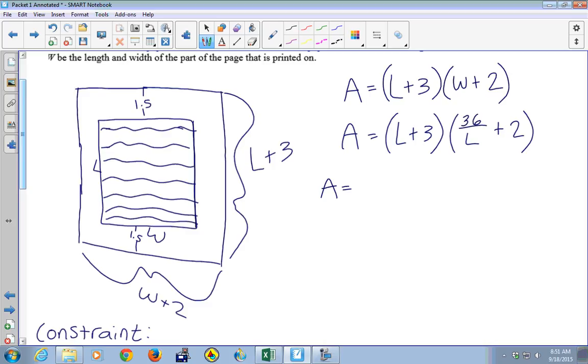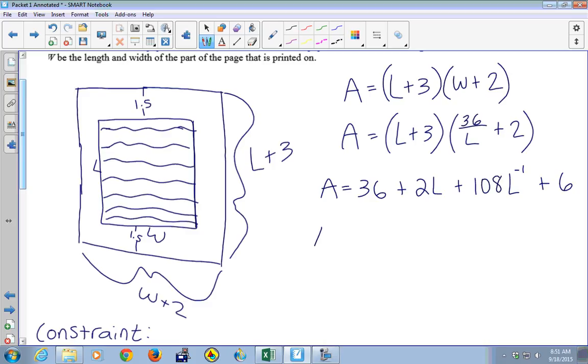So L times 36 over L is 36, plus 2L, plus 3 times 36 is 108. And it's over L, but I'm going to write it as L to the negative 1 so that I can apply the power rule. Same thing, right? And then plus 6.